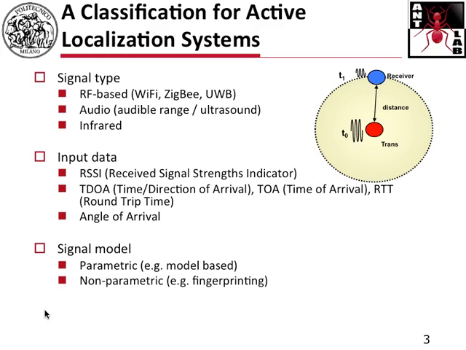So they're not measuring how much power is being received at the receiver, but they're measuring the delay from the time the signal was sent to the time the signal was received. And the third one is the angle of arrival. So they are measuring the angle at which the signal was received with the highest gain, basically. So what's the angle of arrival between the transmitter and the receiver?